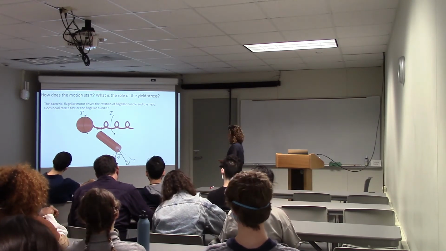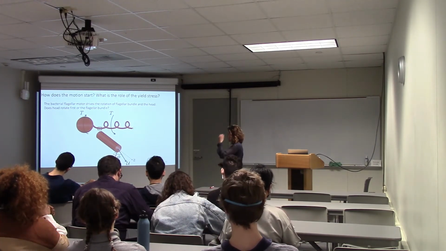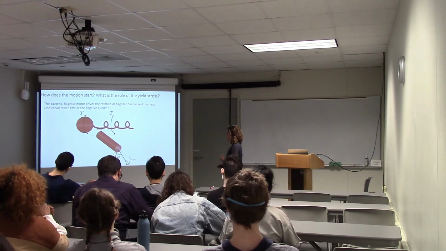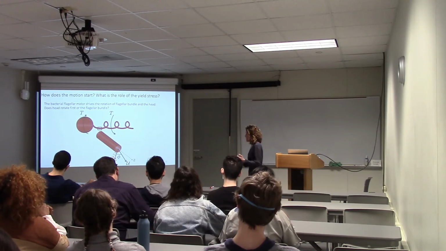And the question is, if I have such an object and I impose two identical torques, does the head rotate first or does the tail rotate first? That's the question. That's the onset of motion.